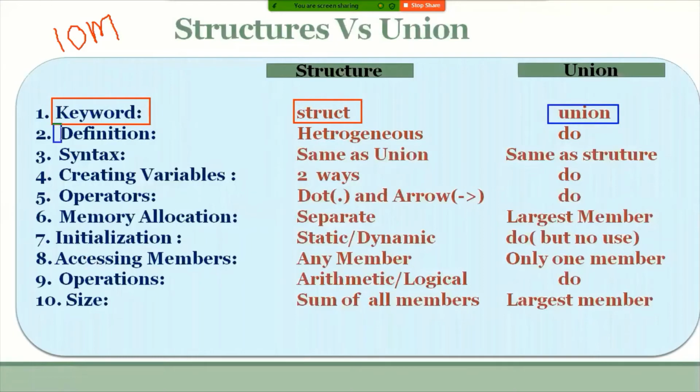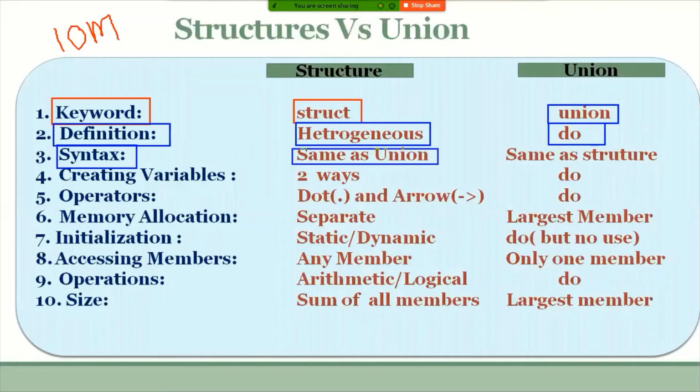The definition of structure is a collection of elements of different or dissimilar data types. That's why it is also called heterogeneous. And the union definition is also a collection of elements of different or dissimilar data types. That's why it is also called heterogeneous. Then the syntax of structures is the same as union, and union is the same as structure.